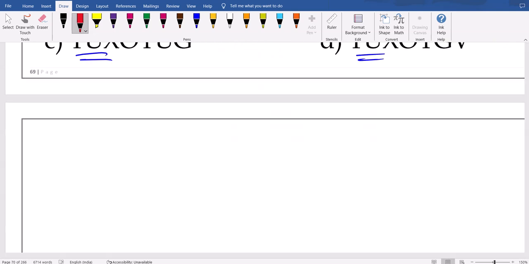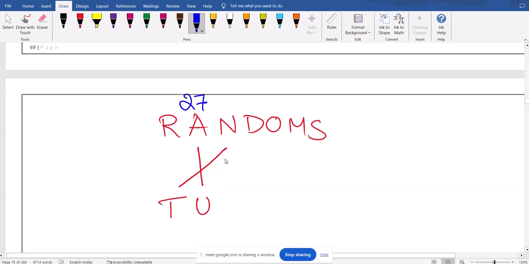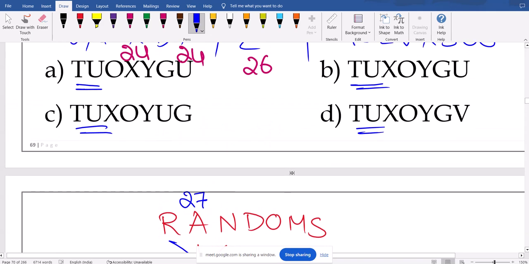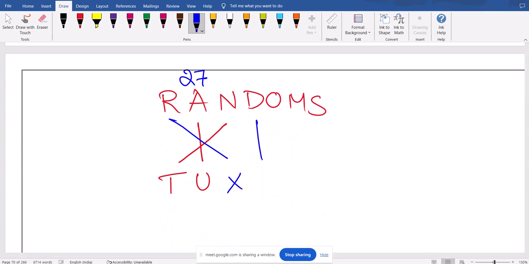So for randoms, here plus 6 is T. A minus 6 is U. Guys, A can be considered as 27. If required, A can be taken as 27 also. So A taken as 27 minus 6 logic, here plus 6 again, plus 6, will start with TUX.